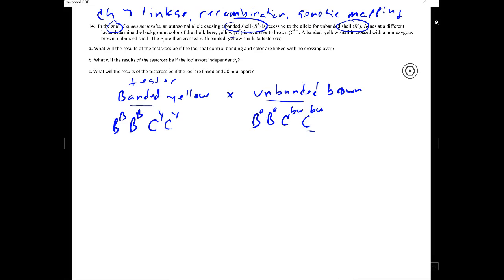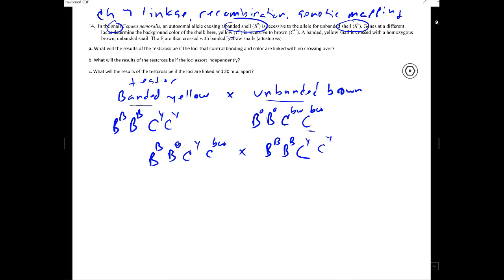So if we do this, we have to end up being heterozygous for this gene and heterozygous for this gene. Then we do a test cross. So a test cross has to be banded yellow.